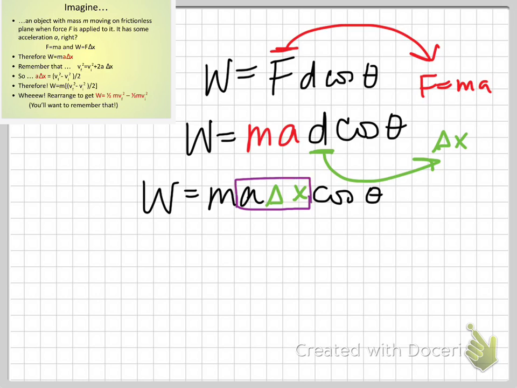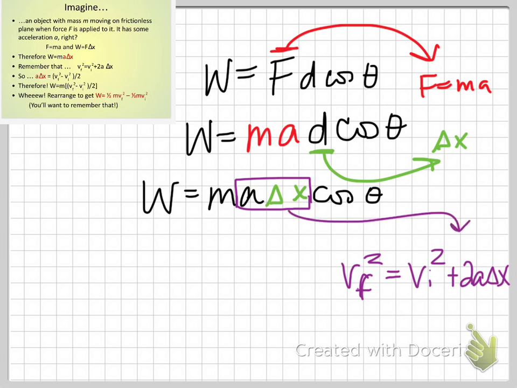And if you think back again to chapter 2, to kinematics, we ran across this: Vf squared equals Vi squared plus 2a delta x. Is there a way to solve that for a delta x? Yeah, why, of course there is.